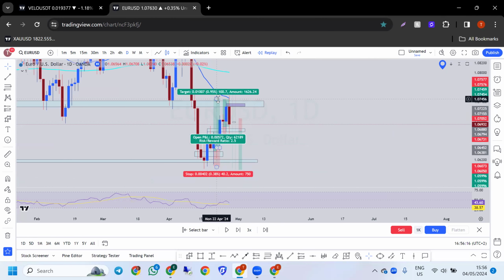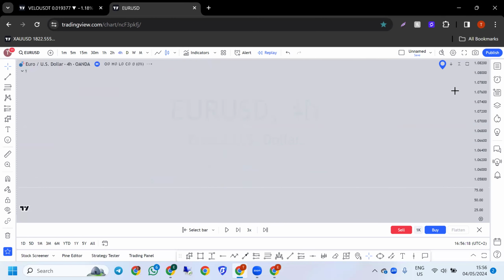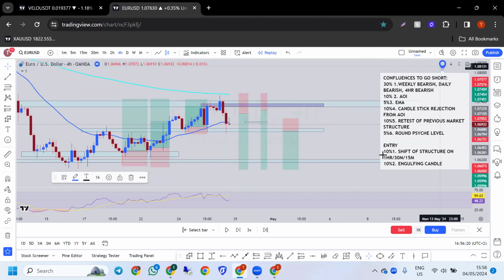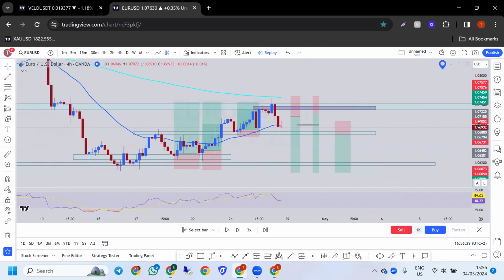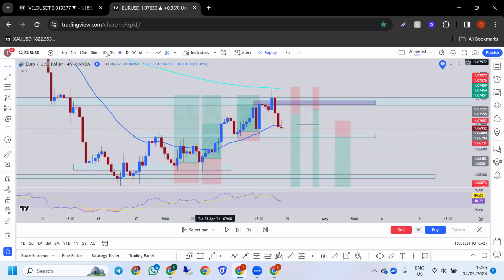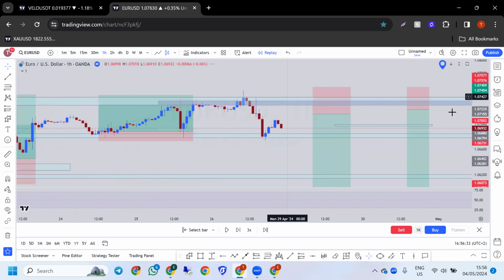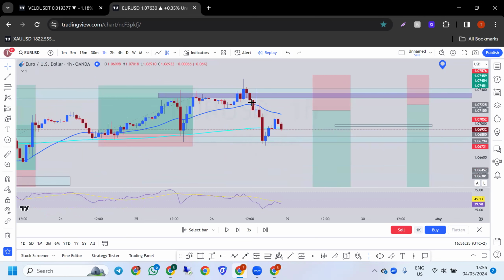Then I was finally waiting for my entry signal, which is a shift in structure on the 1 hour, 30 minutes or 15 minutes time frame. And I told you guys that most of my trades, I took them from 30 minutes. So we go to 1 hour to see what's going on there.